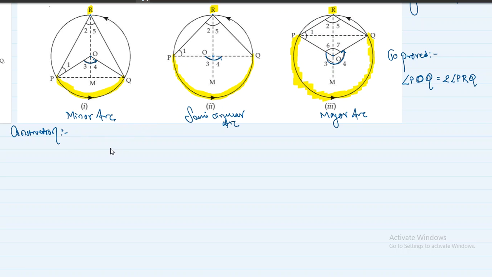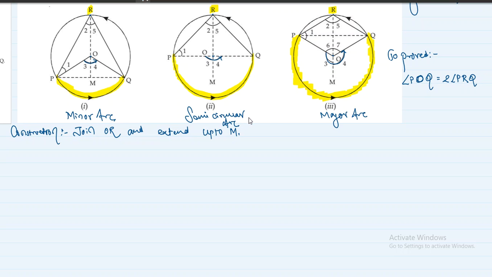So the construction is: join OR and extend up to M. No need to join PQ. There is no need that you should join PQ.